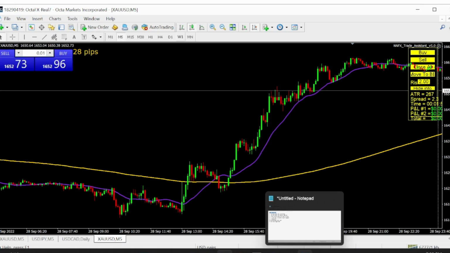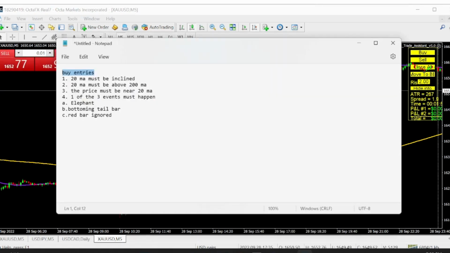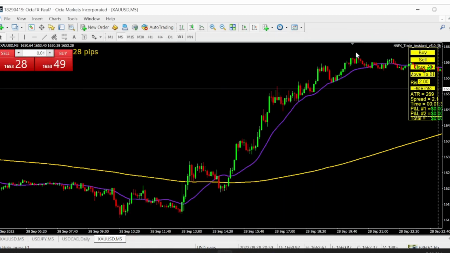All right, guys. So now we wait for our trigger candles. If we meet any of these 3 criteria, we'll be entering our trades. So let's wait for any of the 3: elephant, bottoming tail bar, and red bar ignored.